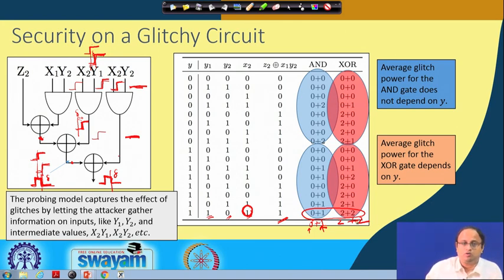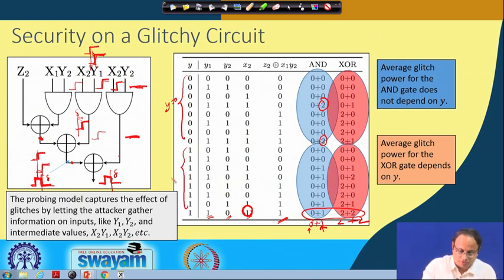Now observe the average power for the AND gate, before the transition and after the transition. You will see the average here is 0 at the beginning and again 0 here, but after the transition, at the instance of delta, the sum is 2 plus 2 which is 4, which is the case when y is equal to 0, the actual unmasked data.